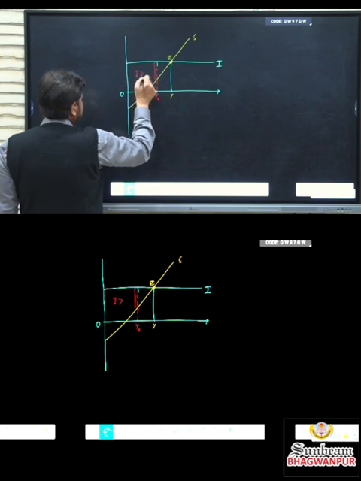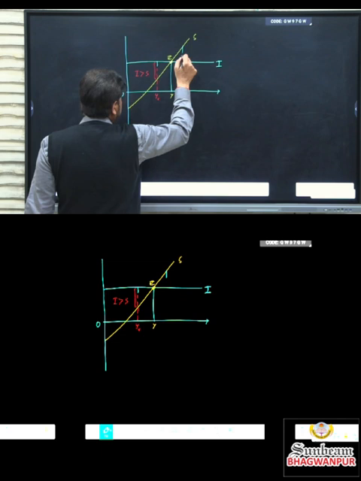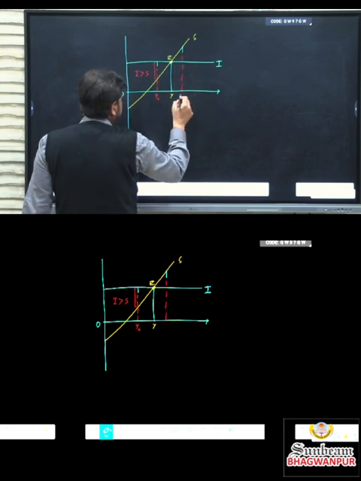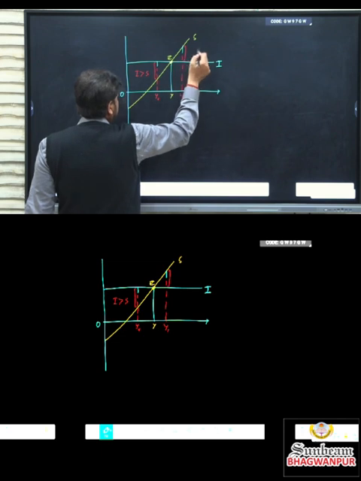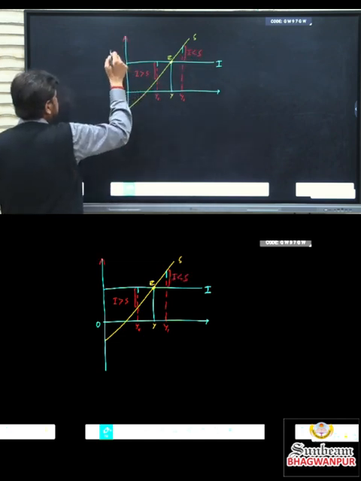Here you can say that investment is more than saving, or if the national income is more than the equilibrium level, then investment is less than saving. So these are the two possibilities.